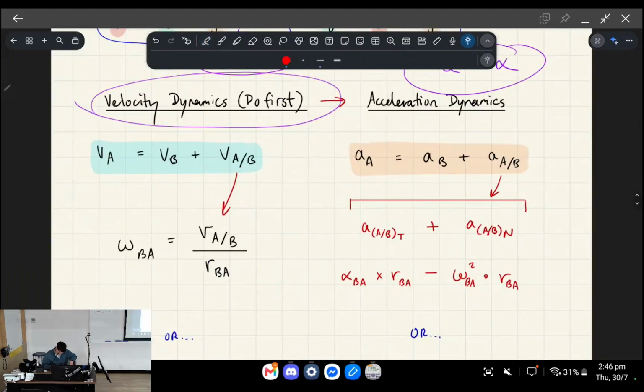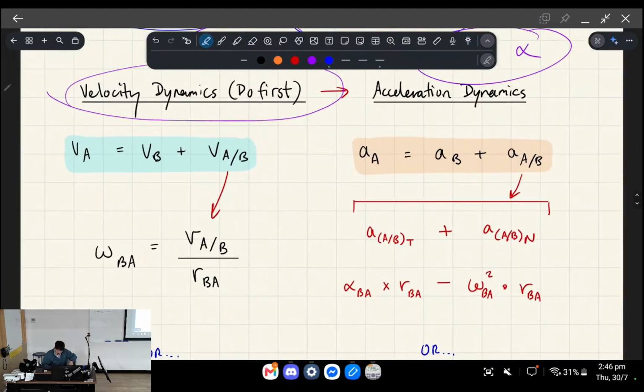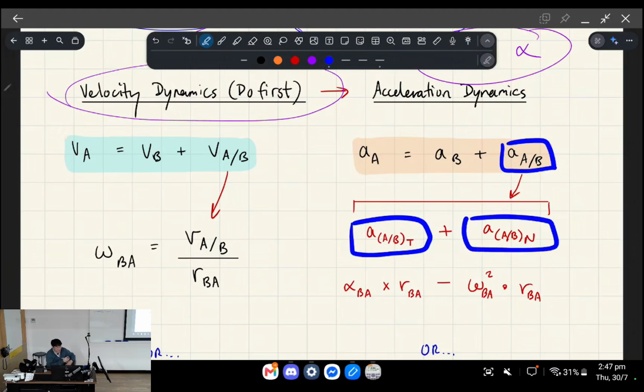So why is this important? When we're doing our acceleration dynamics, the rotational component of acceleration is represented by the relative acceleration, like A relative to B. That can be broken up into the linear portion going tangentially and the linear portion going normal.